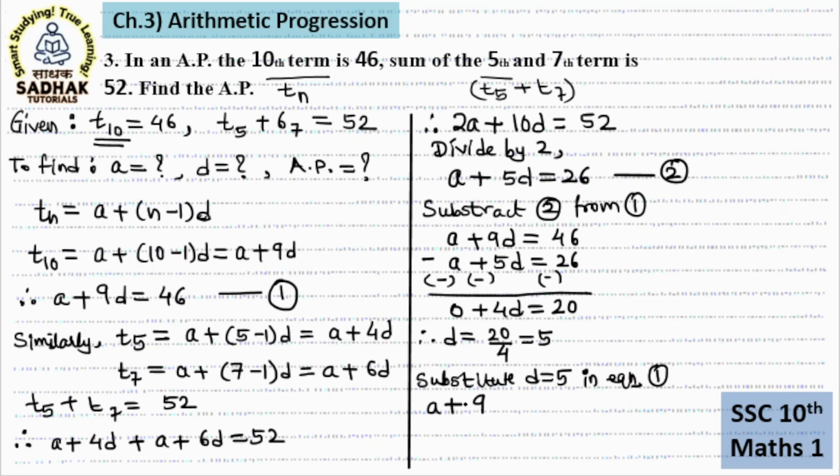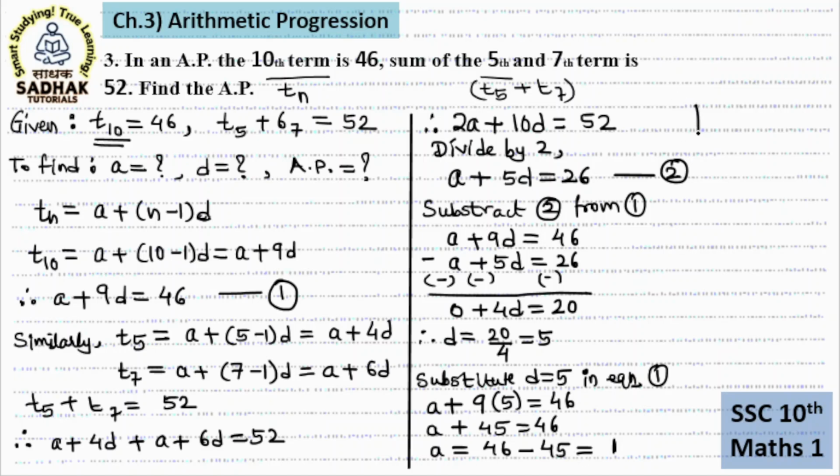Now for 9d, instead of d we will write 5, is equal to 46. So that will give us A plus 9 5s are 45 is equal to 46. So A will be 46. This plus 45 will go to the right hand side, will become minus 45, and that will be 1. So the A we got is 1.